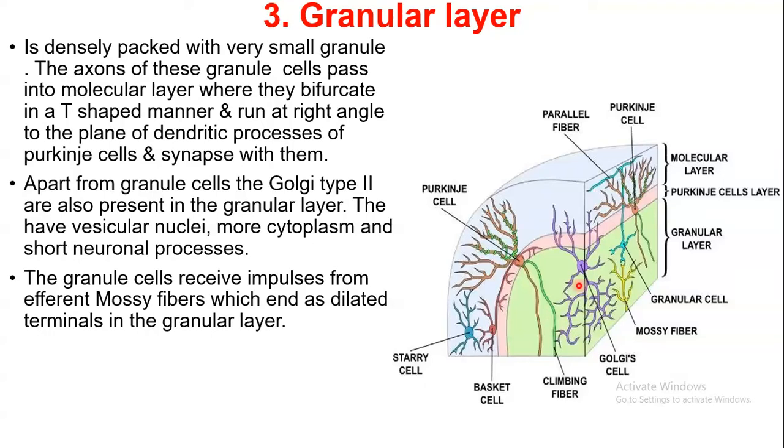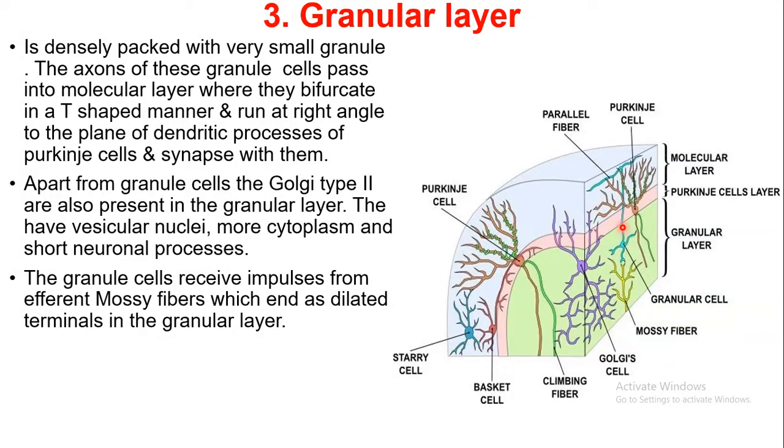The granular layer, this one, which is light greenish in color, as the name indicates, consists of densely packed small granule cells. This greenish cell is the granule cell.